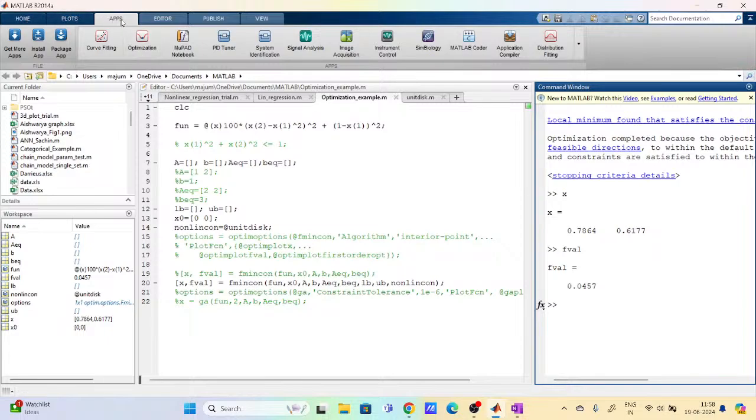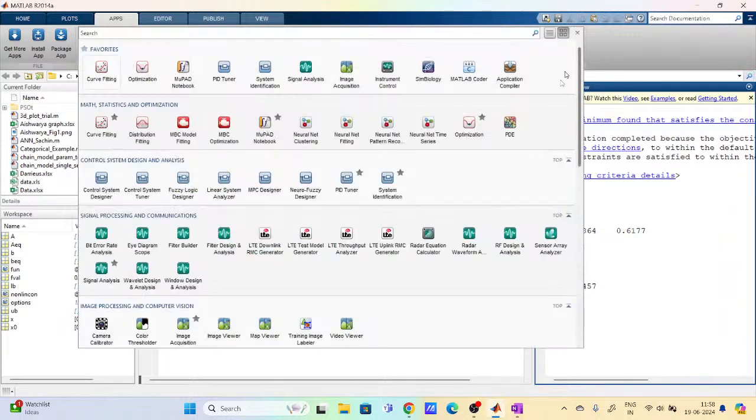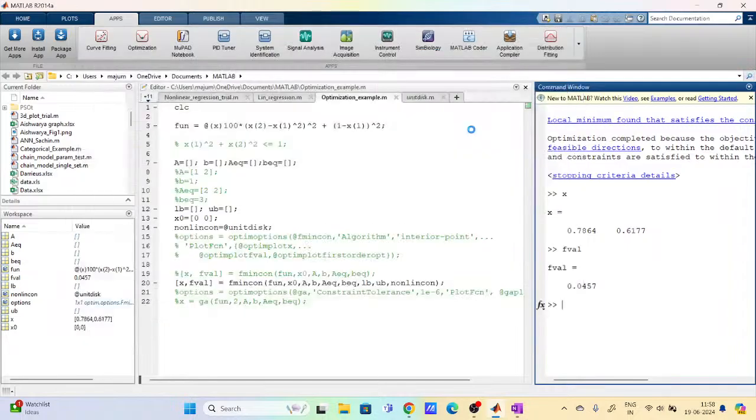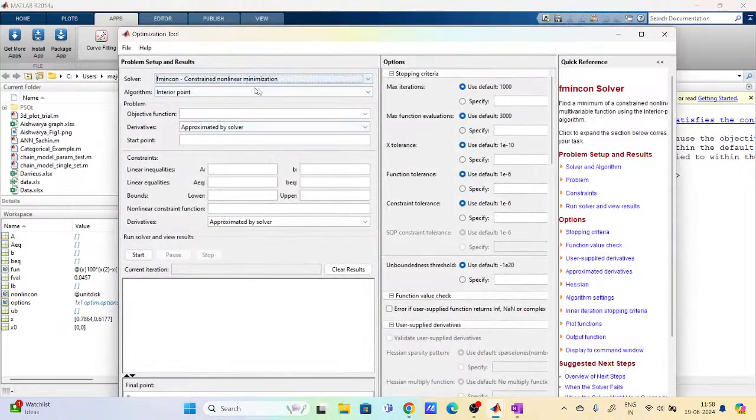Just go to the apps section, and you can see all kinds of toolboxes are present: curve fitting, optimization, signal analysis, image acquisition, neural network clustering, neural network fitting, neural network pattern recognition, neural network time series. Optimization: you need to select the optimization toolbox here, and the toolbox will be opened.